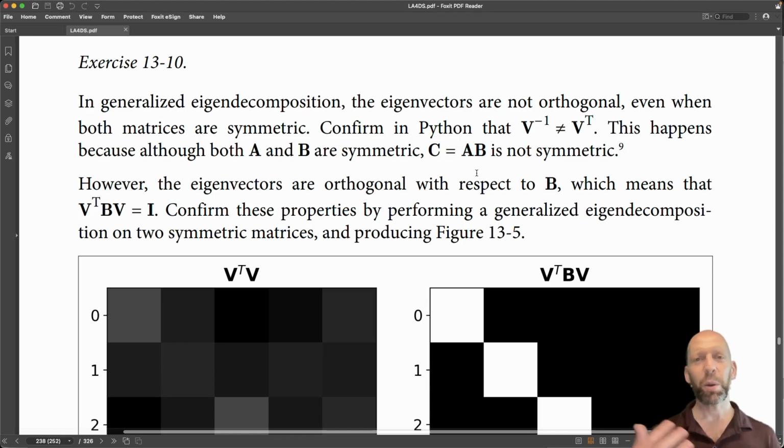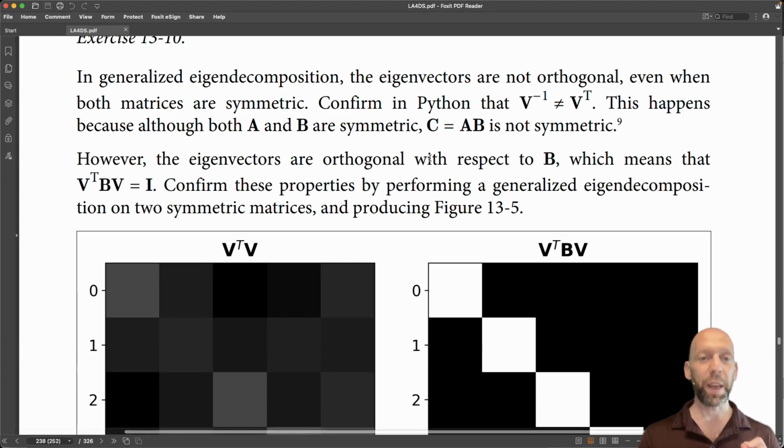Obviously, there are always exceptions, right? If one of them is the identity matrix or the zeros matrix, there are always these little weird exceptions. But in general, the product of two symmetric matrices is not symmetric. And that is something that we have demonstrated several times before in this book.